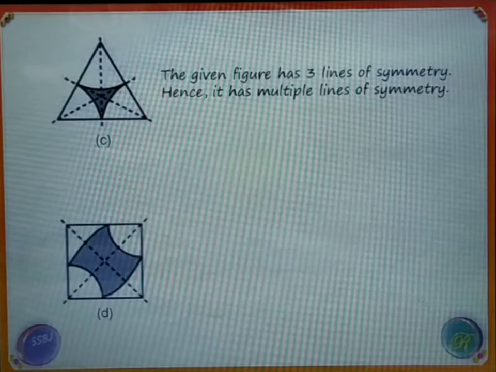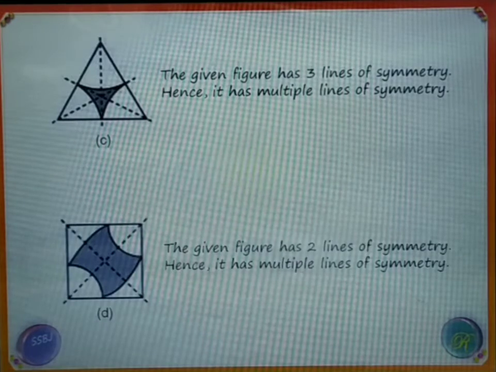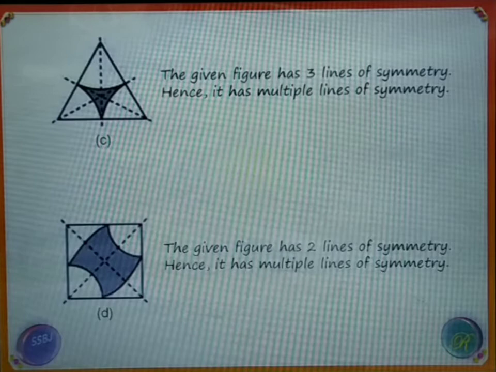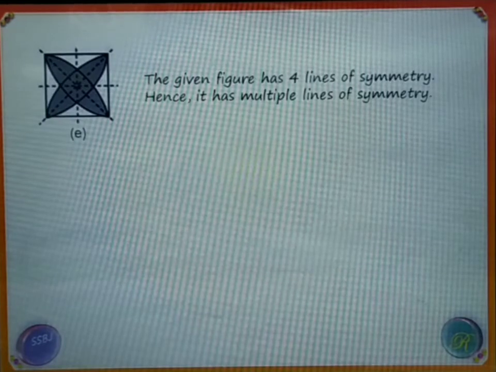Figure D. The given figure has 2 lines of symmetry, hence it has multiple lines of symmetry. Figure E. The given figure has 4 lines of symmetry, hence it has multiple lines of symmetry.